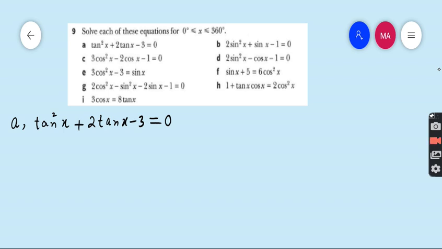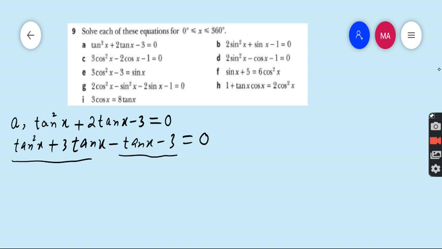How to apply the middle term break method? You are ADMath students, you know how to apply the middle term break method. 3 times 1 is 3, 3 minus 1 is 2. Tan square x plus 3 tan x minus tan x minus 3 is equal to 0.